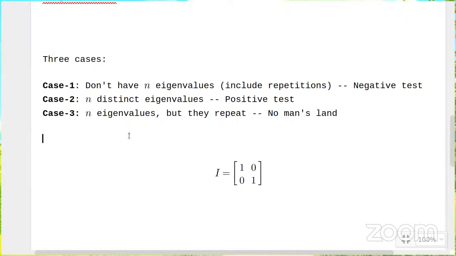So this falls under case 3. Can we say that even if there are repeated eigenvalues, since eigenvalues are just scalings of the column vectors or the standard vectors, it can mean that two of the column vectors have got the same scalings? That could mean that way, right?